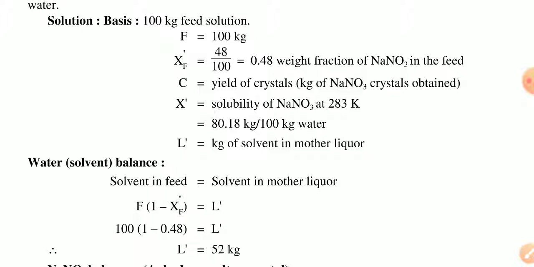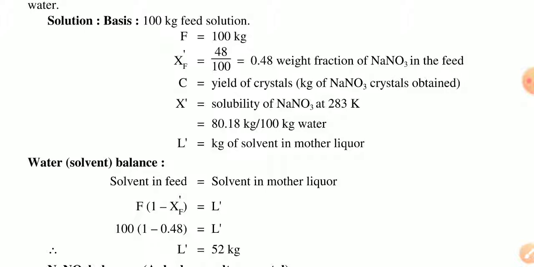C is equal to the yield of crystals, the kg of NaNO3 crystals obtained. X dash is equal to the solubility of NaNO3 at 283 Kelvin, which is 80.18 kg per 100 kg of water.